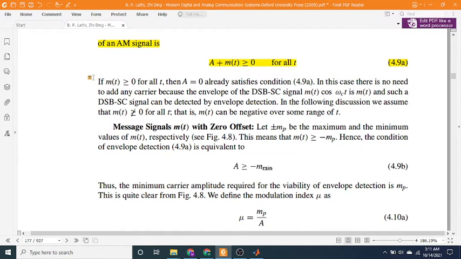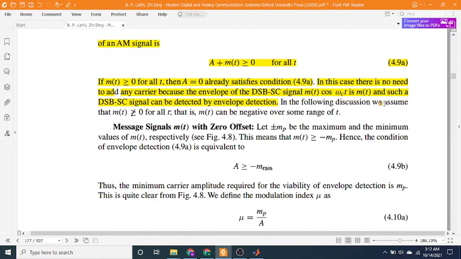If m(t) ≥ 0 for all t, then A = 0 already satisfies condition 4.9a. In this case there is no need to add any carrier, because the envelope of the DSBSC signal m(t) cos ω_c t is m(t), and such a DSBSC signal can be detected by envelope detection.